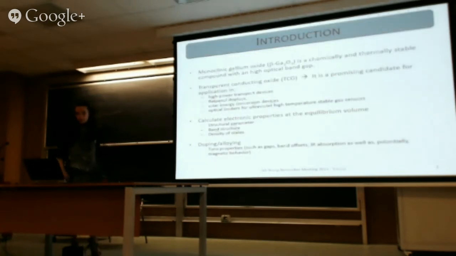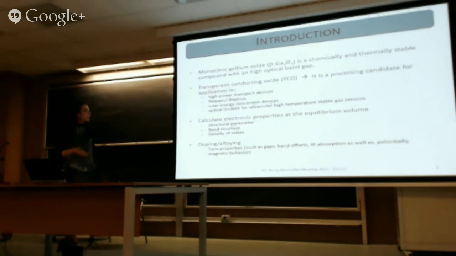So monoclinic gallium oxide is a chemically and thermally stable compound with a high optical band gap. So it's a transparent conducting oxide. It's a promising candidate for application mainly in high-power transport devices, optical limiters for the ultraviolet, and high temperature stable gas sensors.